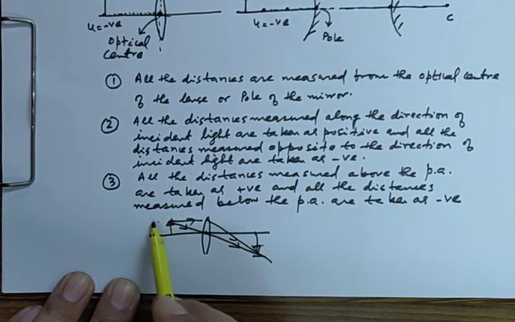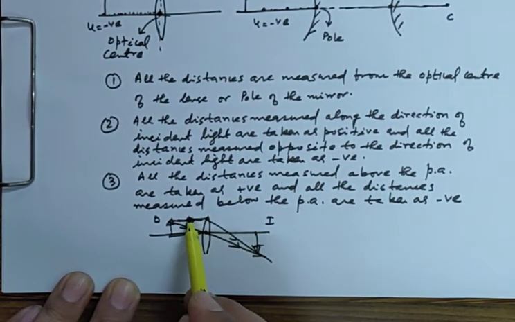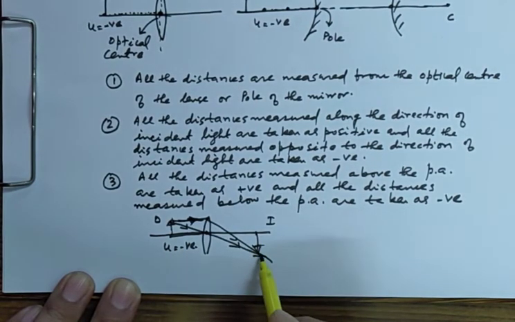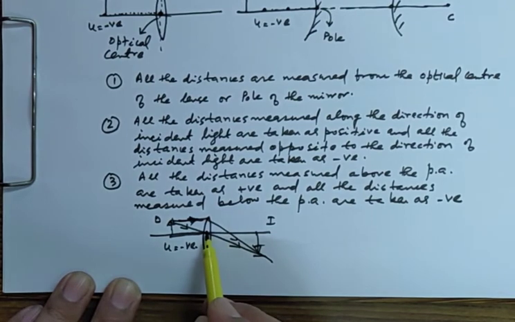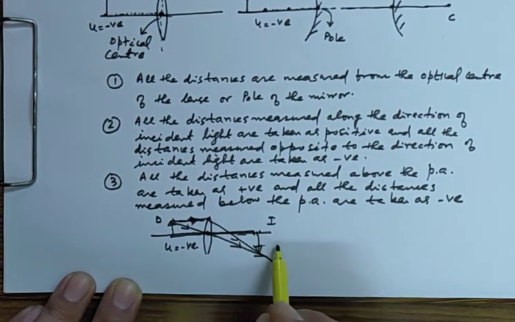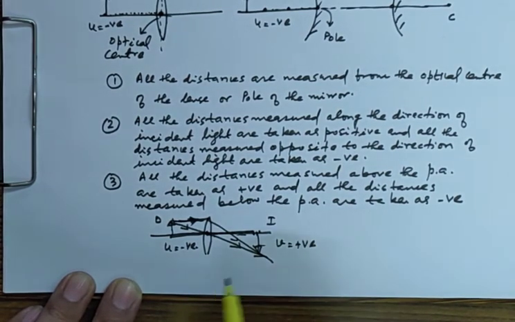For measuring the object distance, I am moving from the optical center to the object, so I am moving against the direction of incident light, so u is negative. For measuring the distance of the image, again I will start from the optical center of the lens. Now you can see I am moving from the optical center to the image, and in this case I am moving along the direction of incident light, so v is positive.